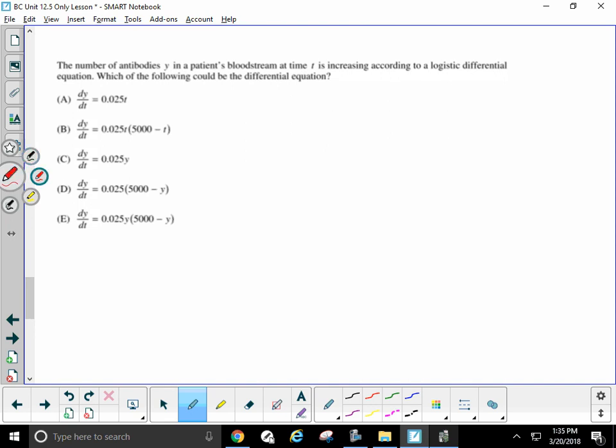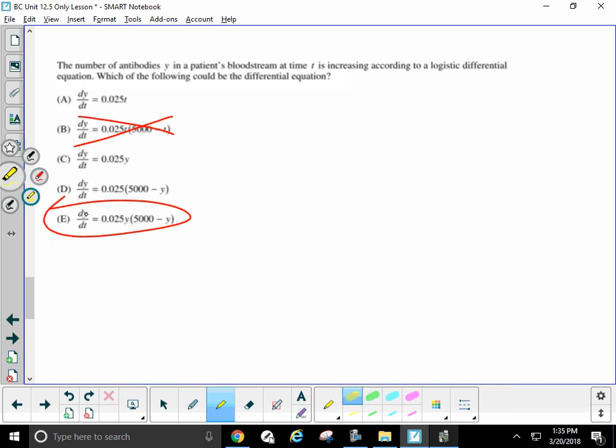What'd you get? Which one of these is a logistic differential equation? E. Right? It's relative to its own size, not to time. This one looks like it's right, but no, that's relative to t, which is time. Its growth is relative to its size. So if this is a y, we need to have y's. There's our L, 5,000, and this is our K.